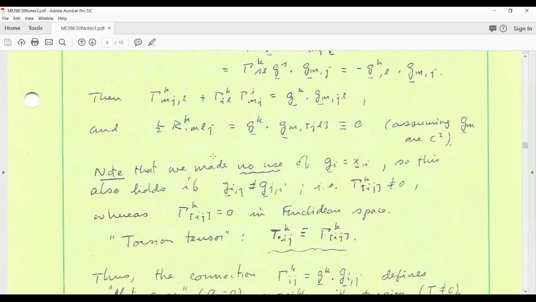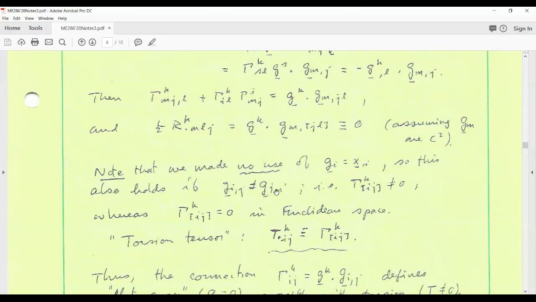So the Riemann tensor is 0 even if this is not true. In other words, for example, if this were true, then GI comma J would be X comma IJ, which would be the same as X comma JI. And so GI comma J would be GJ comma I. But we made no use of this. So this is true even when we don't have symmetry in I and J here.